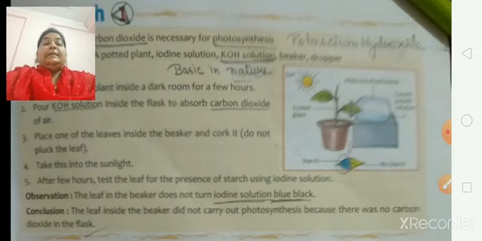In this we learned that green plants are the autotrophs, as they prepare their own food. Plants prepare their own food only by the process of photosynthesis. That you also know from your childhood classes.